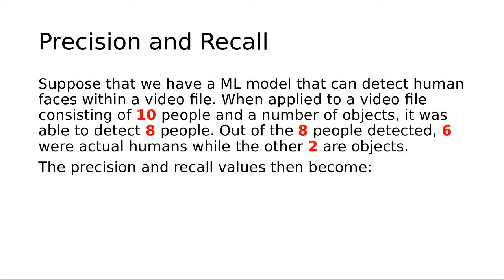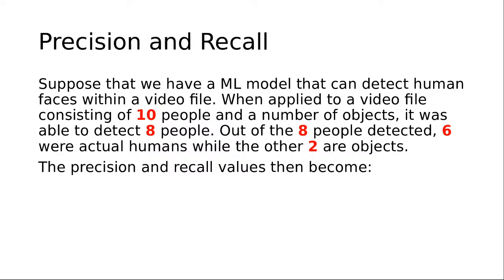So before we talk about precision and recall, I'd like to give a quick example of what they are. Imagine that we have a machine learning model that can detect human faces within a video file.